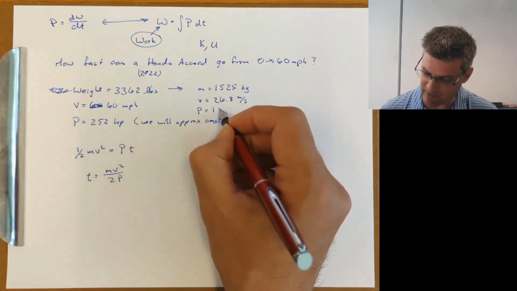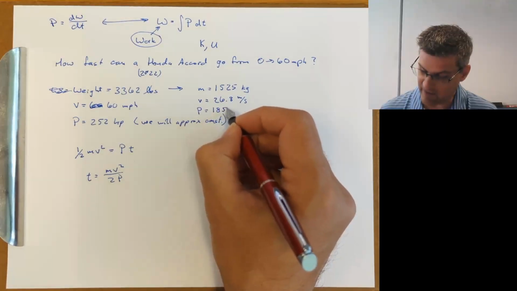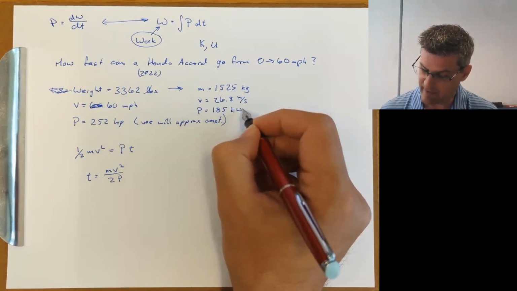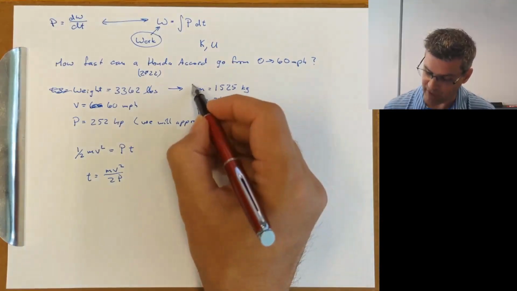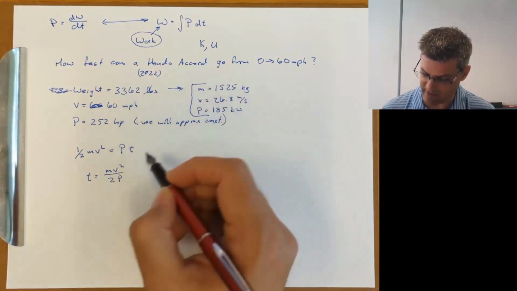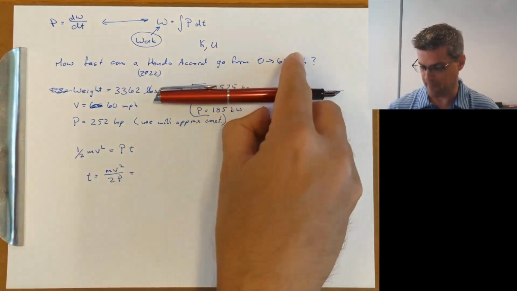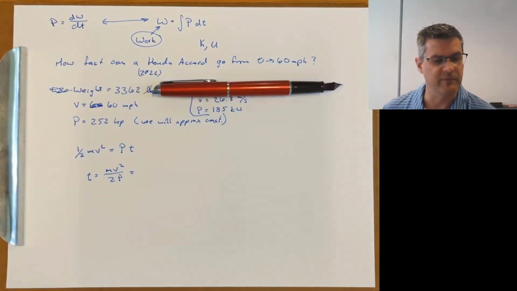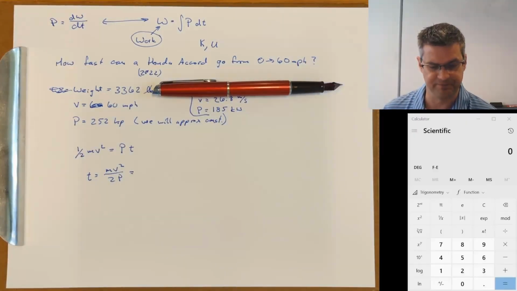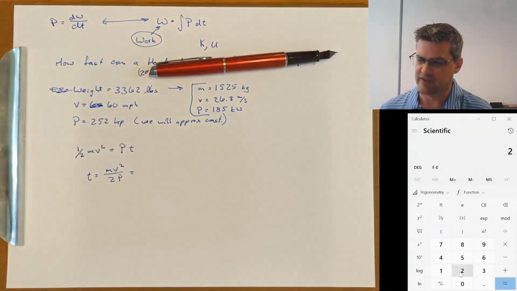It's actually 185 kilowatts. So now we can use these units and plug in down here to find out the time. Let's pull up our calculator. I'm going to do the 2 times the power first and then put it in the denominator. So 2 times 185 times 10 to the 3 is this.